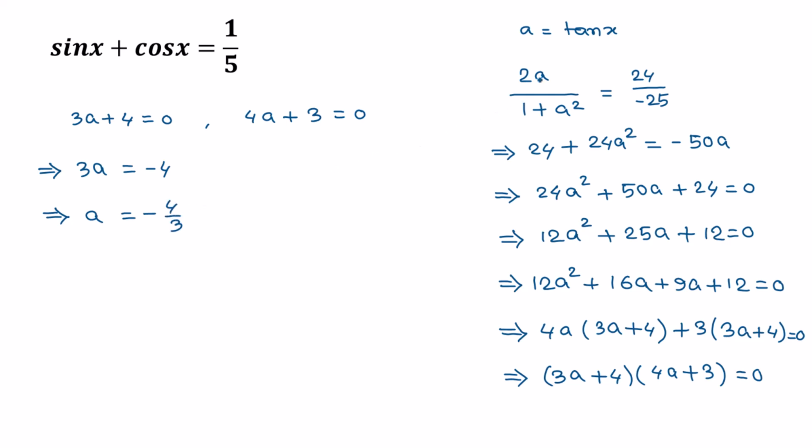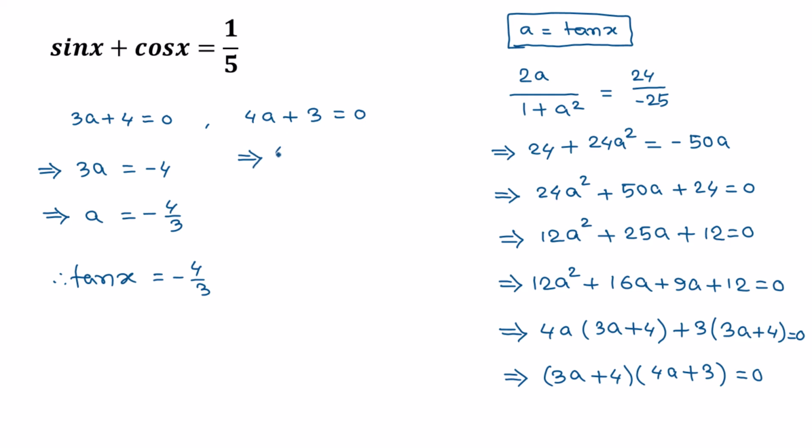We have considered a as tan x, so substituting a as tan x, we get tan of x is equal to negative 4 over 3.